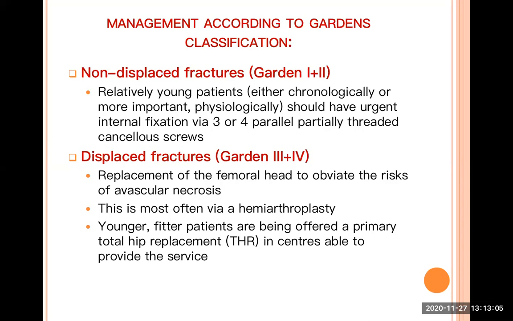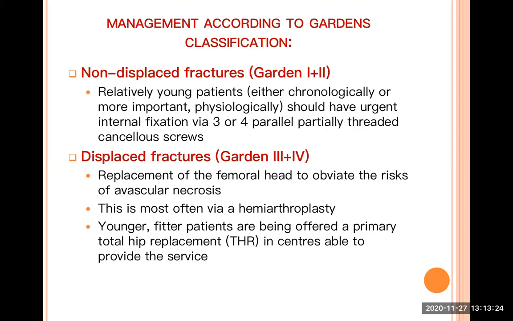Now listen properly. After you use a prosthesis like Austin Moore's prosthesis or Thompson prosthesis, this prosthesis is an artificial device. It's a metal device, so it keeps on causing some amount of trauma to the naturally occurring acetabulum there.